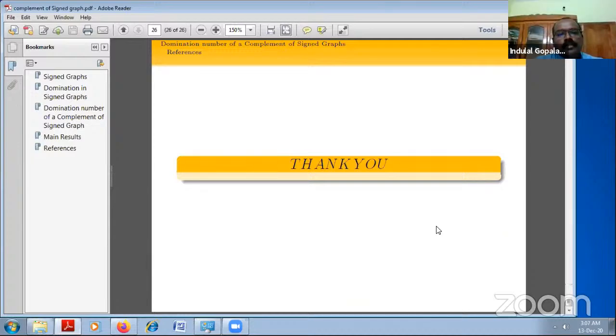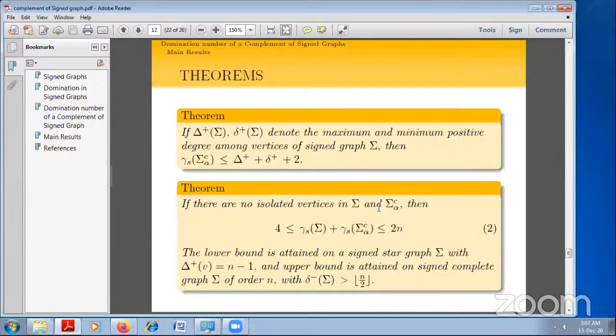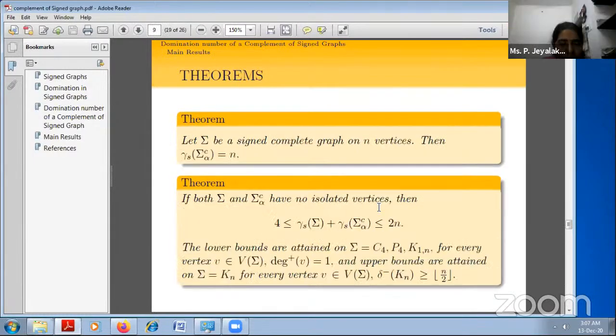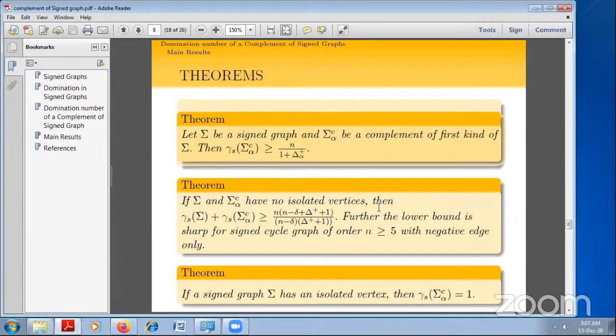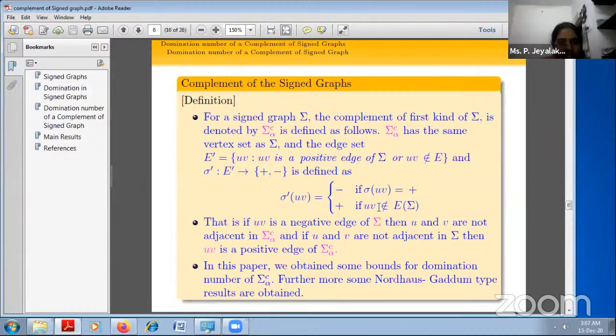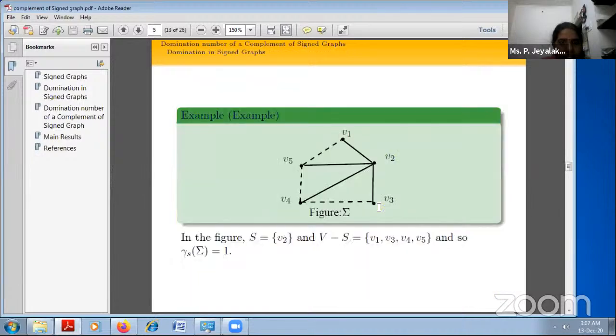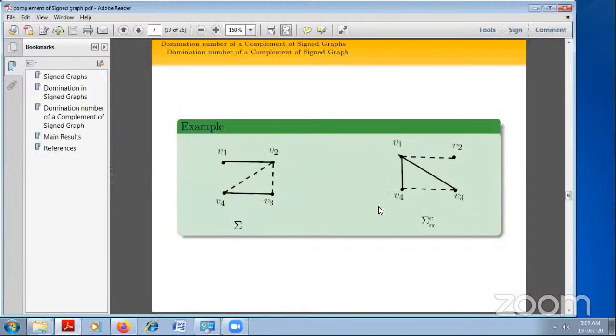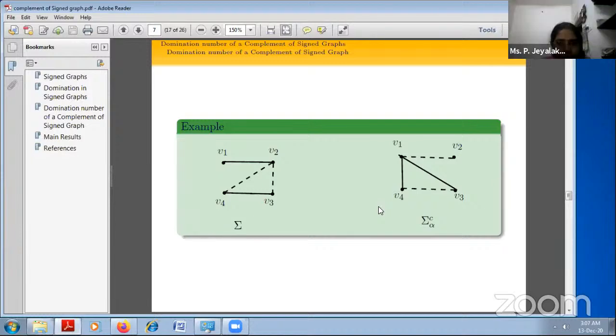I want to clarify one thing. Since in a signed graph we have two types of colors, there are many ways to define the definitions. I take a graph, you take its complement, then take the complement of that complement and come back to the given graph.